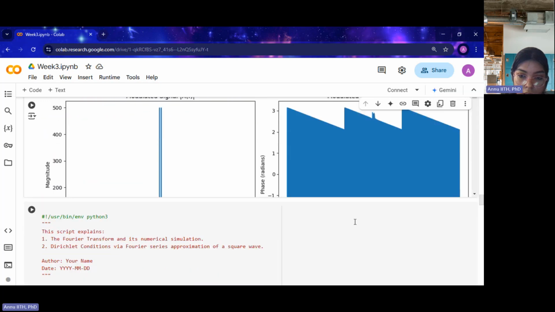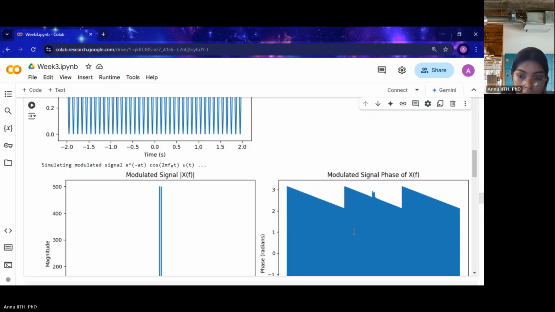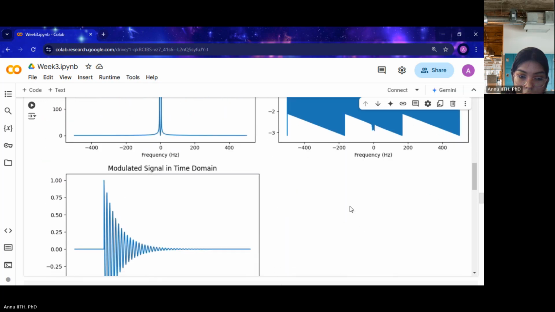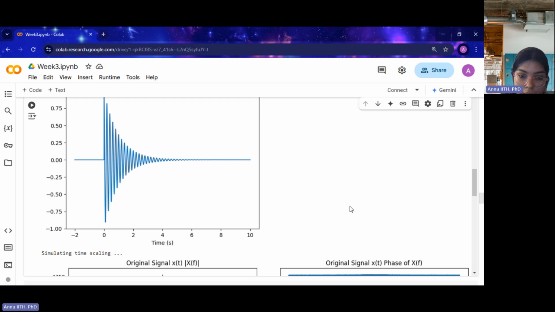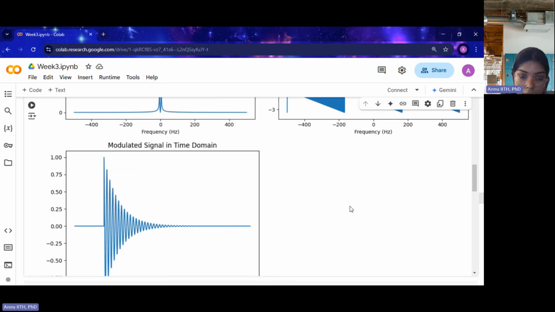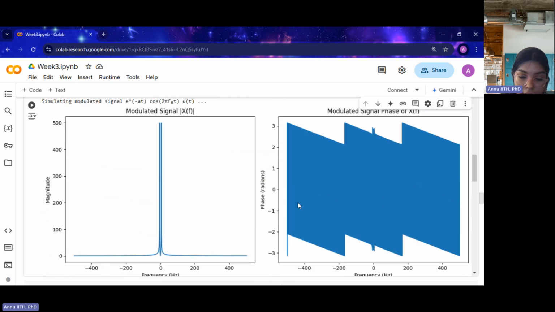So this is a modulated version. Modulated signal in time domain. Normal signal in frequency, their magnitude spectra, and this modulated signal.